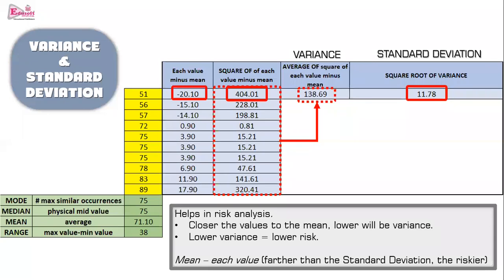So if an investor is looking at a share for analysis, the performance of a share for the past 1 year, and in the yellow cells, these are the prices of that share. Earlier it was 51, now it is 89, and he takes the difference. Now, if these values are very much fluctuating and the differences between the standard deviation and the actual value are pretty high or fluctuating, then that investor will not invest his money into that share.